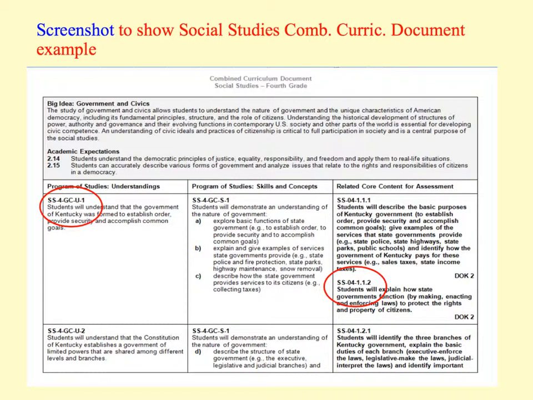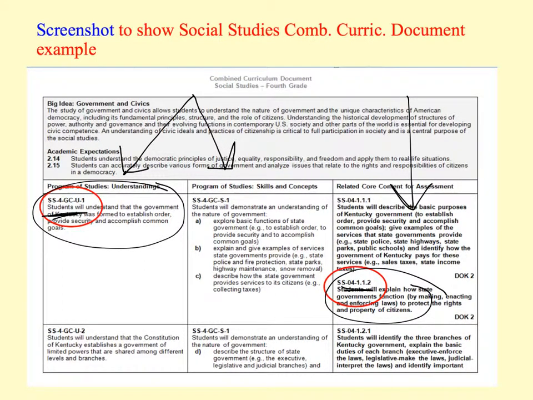Here's a screenshot of the combined curriculum document for 4th grade social studies. I have already circled on the screen examples of, as I told you, something has to come from one of the first 2 columns, something always comes from the 3rd, and here's the numbers that you saw referenced and the verbiage that you saw referenced on the previous lesson plan sample.